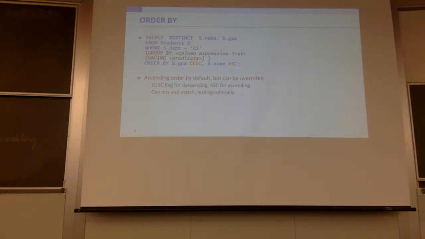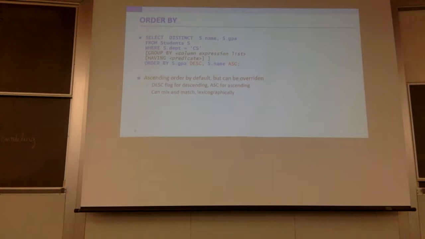And if two tuples have the same GPA, then you order them by the ascending order of name. Okay, so that's basically the normal lexicographical order by comparing the letters.